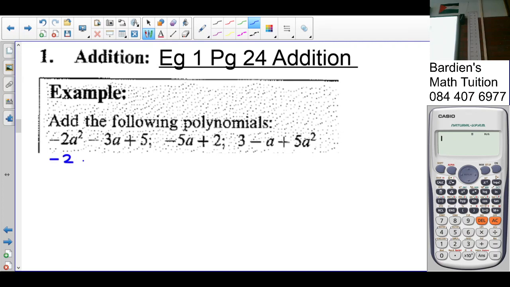So in other words, it's going to be 2a squared minus 3a plus 5. We'll put a plus here. Plus times a positive times a negative is a negative. It's going to be minus 5a plus 2. We'll put a positive there. What would that become? Positive 3 minus a plus 5a squared.